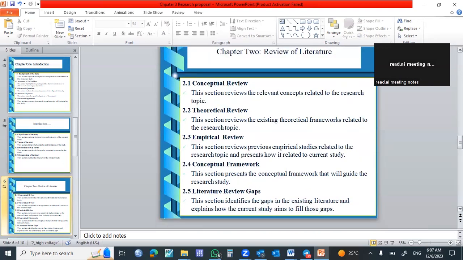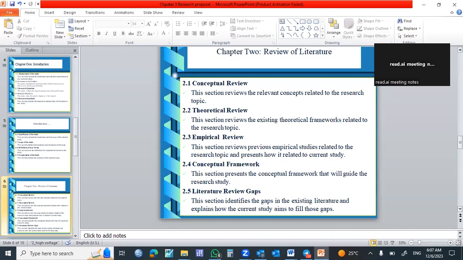Especially when conducting quantitative research, we will have dependent and independent variables, and the conceptual framework will tell us the relationship between the dependent and independent variables, as well as the influence of a moderating variable in our study. We just explain it in the conceptual framework part of our research.